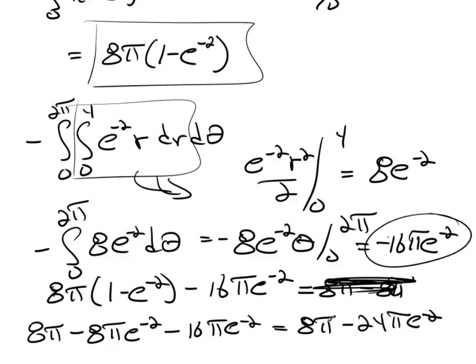I'm going to pull out an 8 pi. This could be 8 pi times 1 minus 3 e to the negative 2.